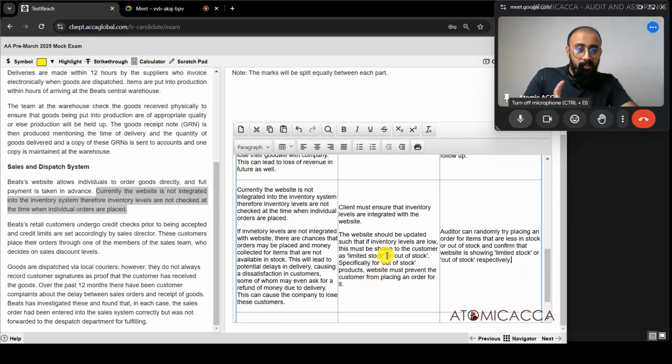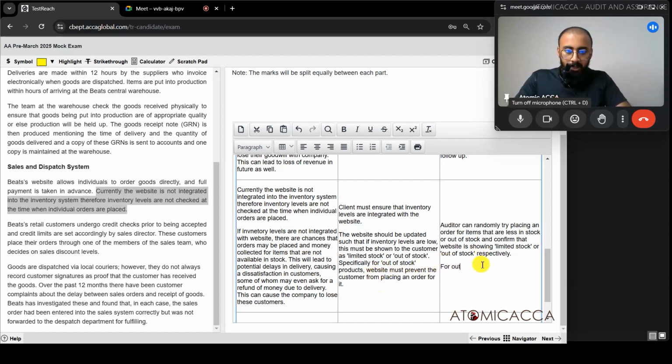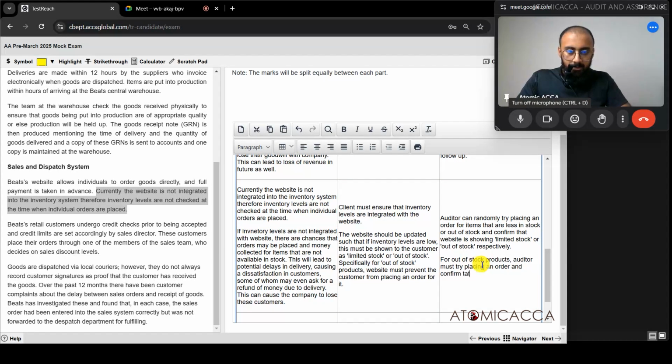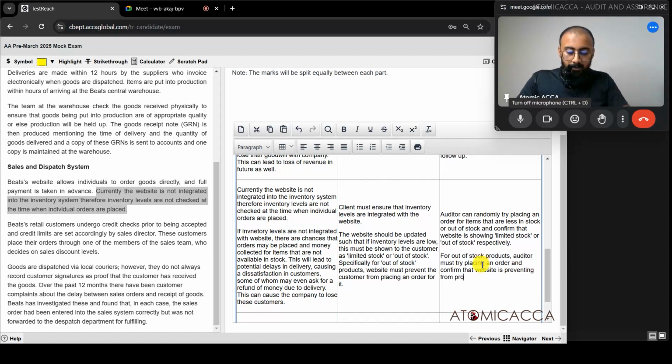I told one more thing, specifically for out of stock products, the website must prevent this. So for out of stock products, the auditor must try placing an order and confirm that the website is preventing them from proceeding ahead with this, because this will give an idea that okay, that prevention block is also there for out of stock products.